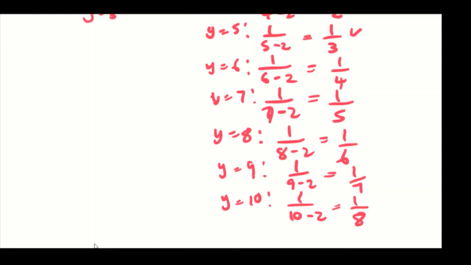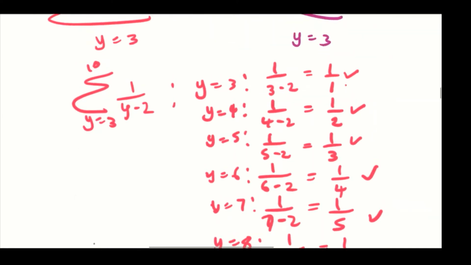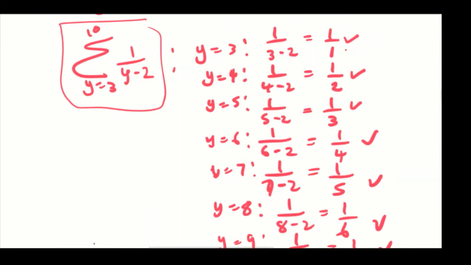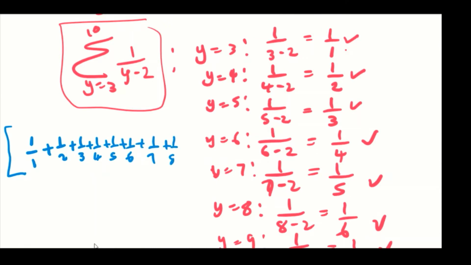So we are done writing all the terms for this first sum, right? So let's just write down all the terms. I'm just going to put them inside a bracket. So we have 1 over 1 plus 1 over 2 plus 1 over 3 plus 1 over 4 plus 1 over 5 plus 1 over 6 plus 1 over 7 plus 1 over 8 plus 1 over 9, right?